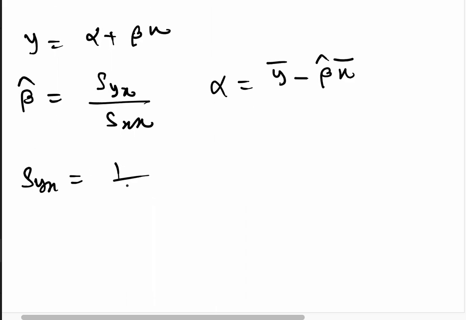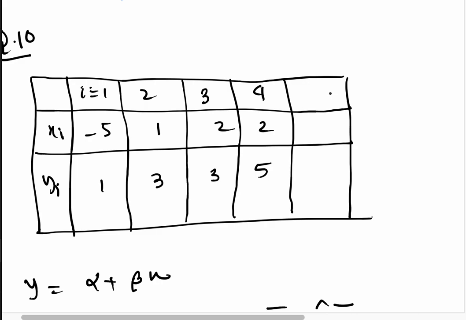Syx will be 1 by n summation of xi yi minus x bar y bar. So the average: x bar is minus 5 plus 1 plus 2 plus 2, that is 0, and y bar is 1 plus 3 plus 3 plus 5, that is 12, so 3.